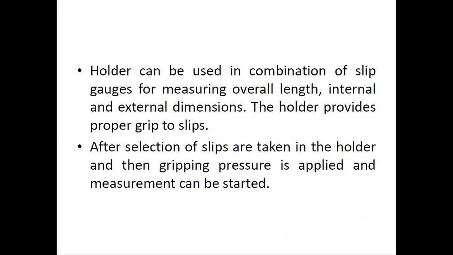We use petrol or kerosene to clean the surface. There should be no dust and dirt particles between them, so they can form a grip with each other. After selection, slip gauges are taken in the holder, then gripping pressure is applied and measurement can be started. So first we hold it, then we apply the gripping pressure.